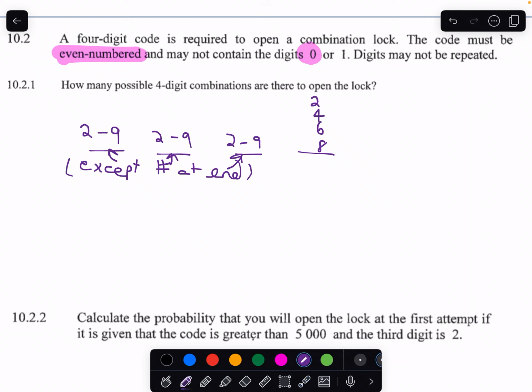Okay, so first spot, only 8 numbers are available. Then second spot, 7 are available because 1 has been used up over here. Third spot, 6 are available. And then the last spot, wait, no, I'm lying. There's 4 options over here, right? It feels weird to write it this way.